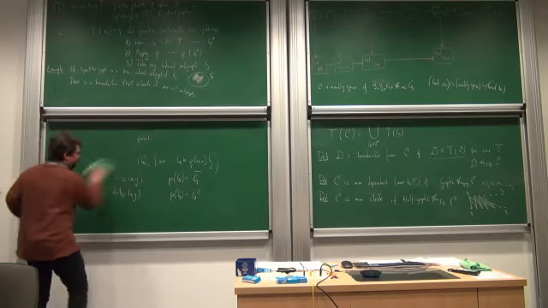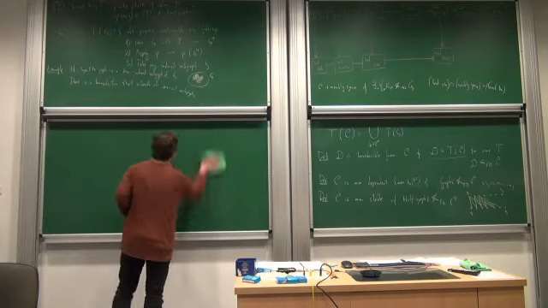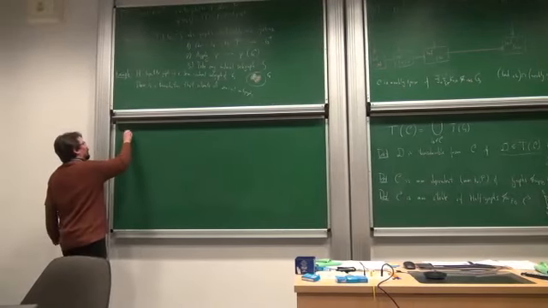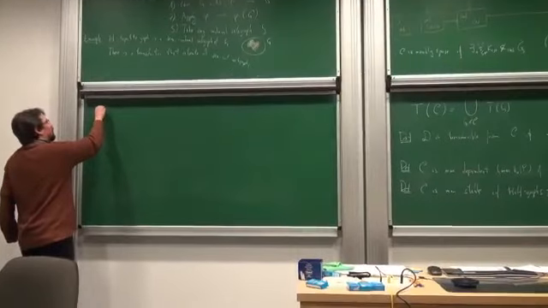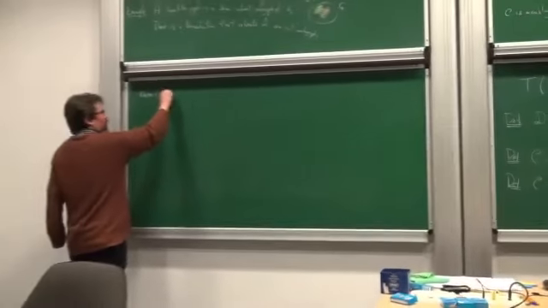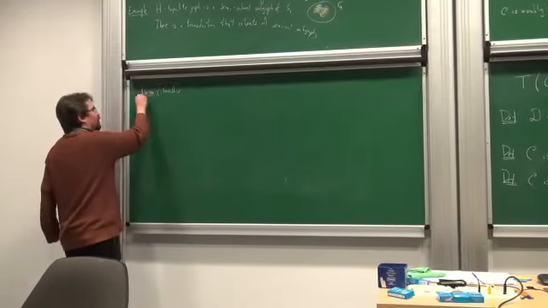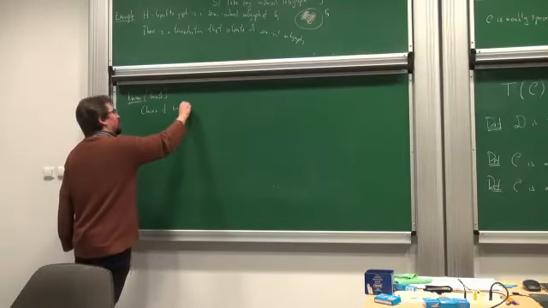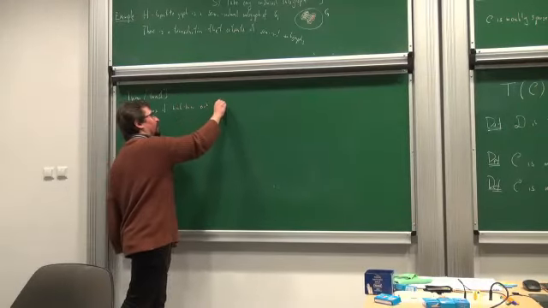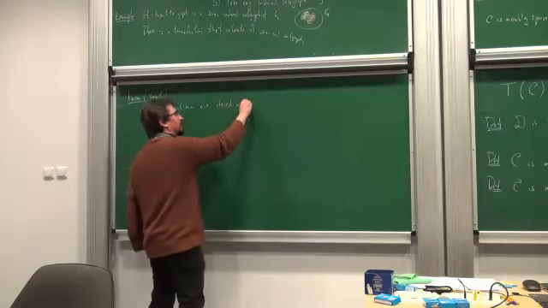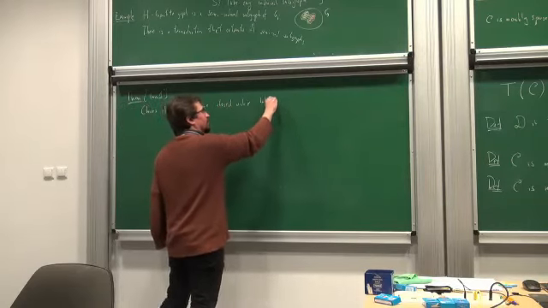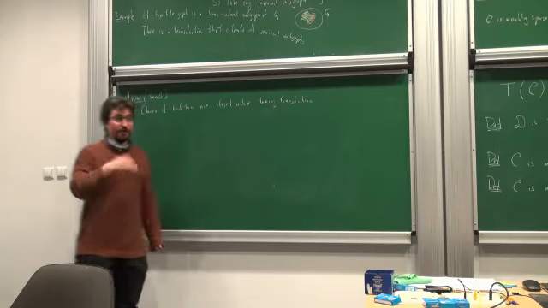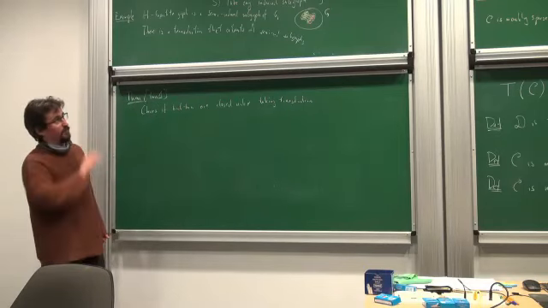So first of all, what is proved in the paper by Bonnet et al., Twin-width 1, is that classes of bounded twin-width are closed under transductions. In the sense, if I take a transduction of a class of bounded twin-width, we still have bounded twin-width.